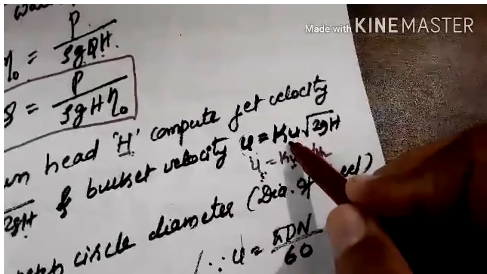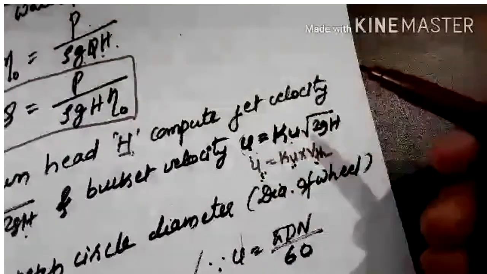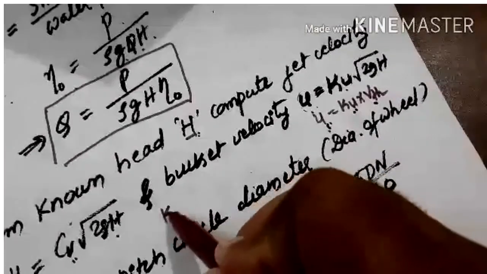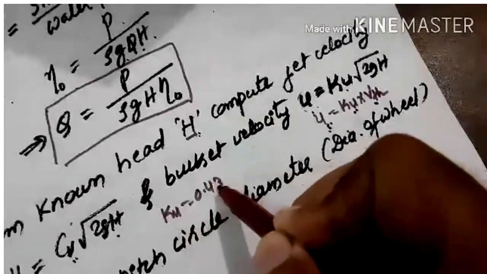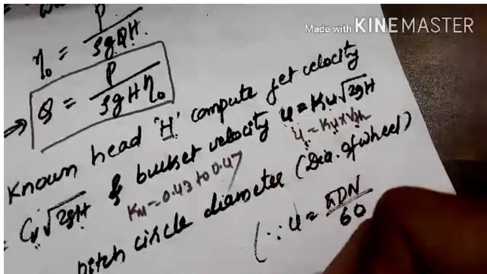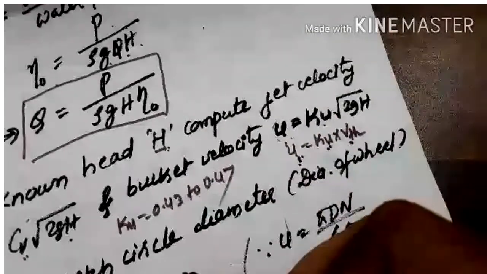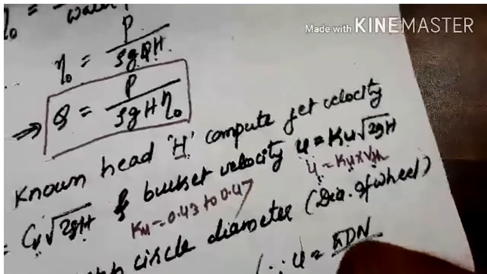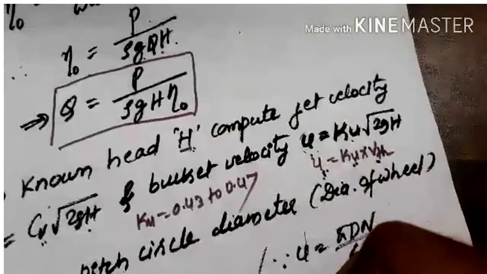And this Ku is to be assumed; as we know, the value of Ku generally lies between 0.43 to 0.47 or 0.48, and theoretically its value is 0.5, but that 0.5 is not actually possible.